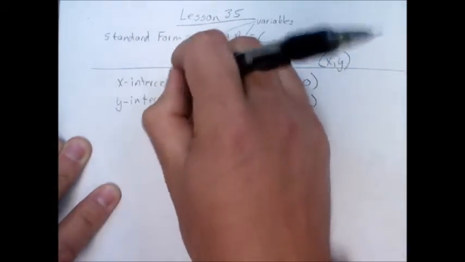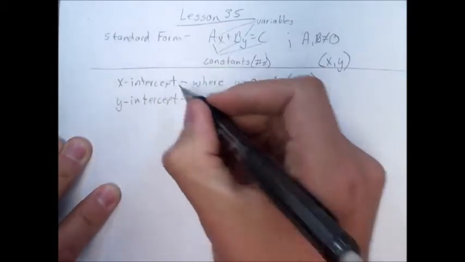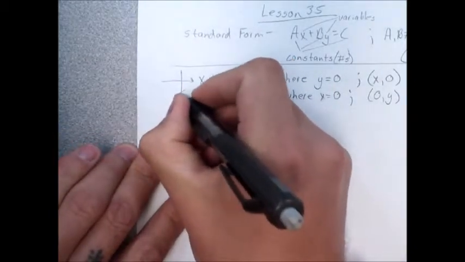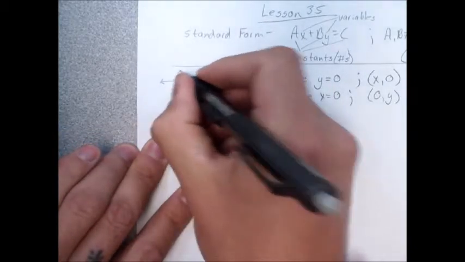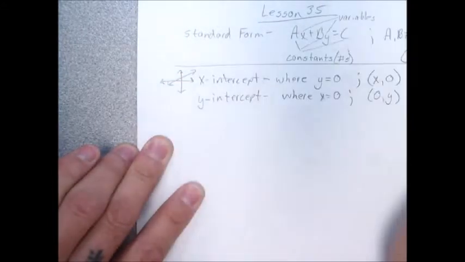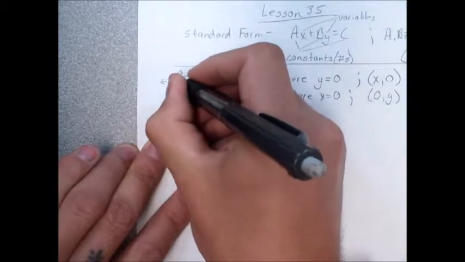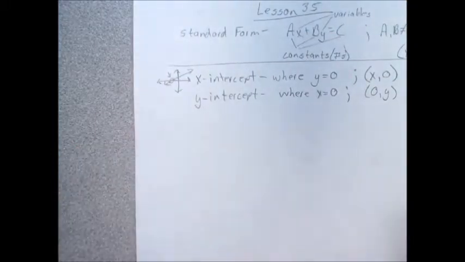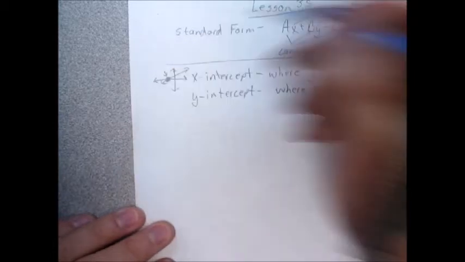Okay, so if I was going to draw the x-intercept, if this was my x and y axis, and it had a line that was crossing through, just like that, the x-intercept is where it crosses the x-axis, right there. I'm going to put a little blue dot there.